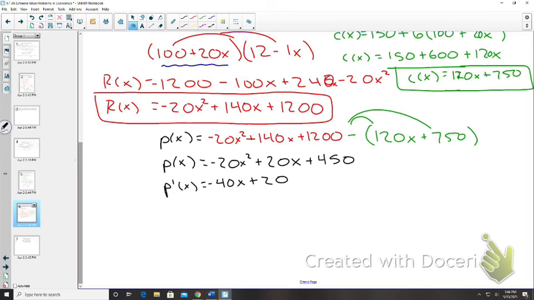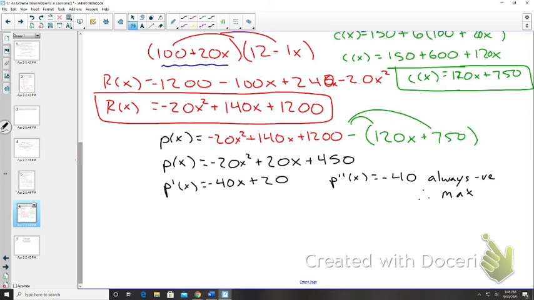Okay, we can take the second derivative here as well while we're at it to test our concavity. So the double derivative of P of x is going to be negative 40, which is always negative. Therefore, it is a max, which is good because that's what we're looking for, right?